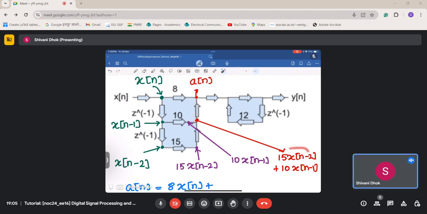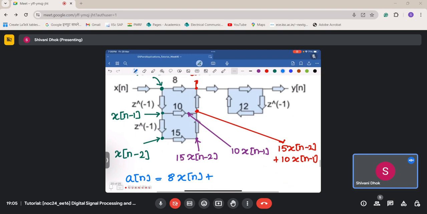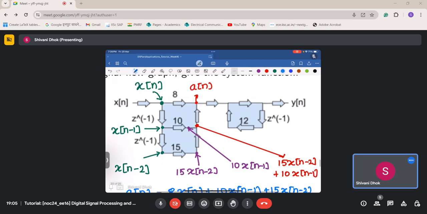What is available to us is 10 into x of n minus 1 plus 15 into x of n minus 2. Okay, so now we are at this location. So this is a of n.